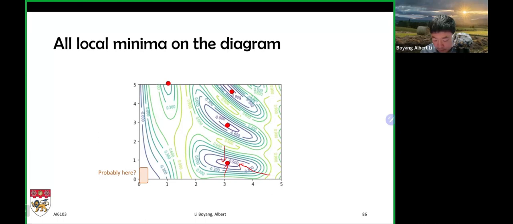And if you go in this direction, the function values also decrease. So there's probably a local minimum somewhere here in this orange area, though there aren't too many lines here, so I'm not 100% sure, but probably there's going to be some local minimum there.